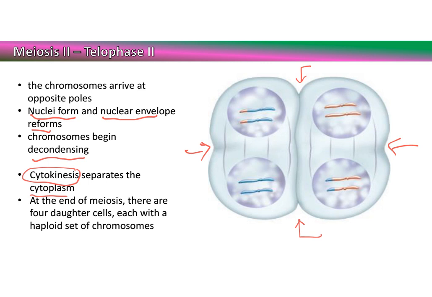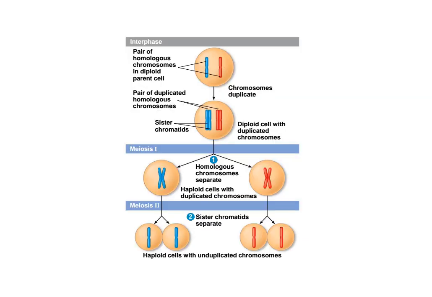As you look at the DNA amount now, instead of 4, now we have only 2. So to summarize our whole process once again, it starts from the pairs of homologous chromosomes in the diploid parent cell. When they go through duplication and go to meiosis 1, they will separate.